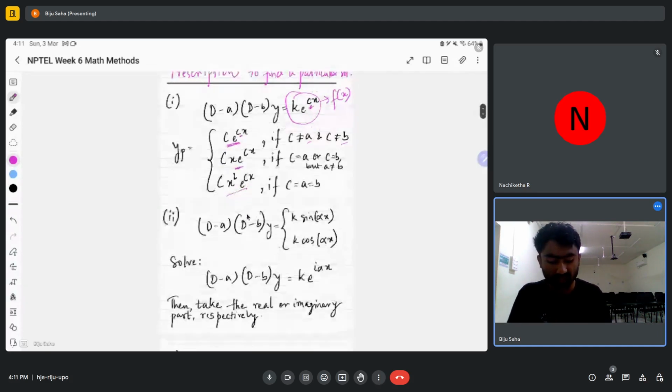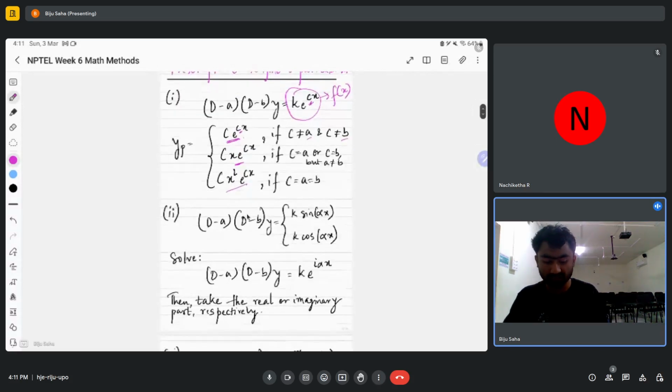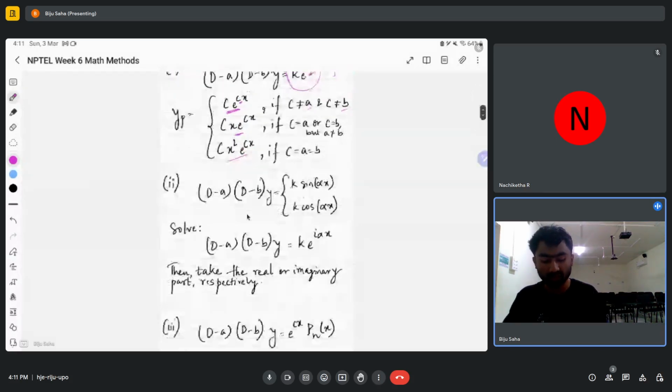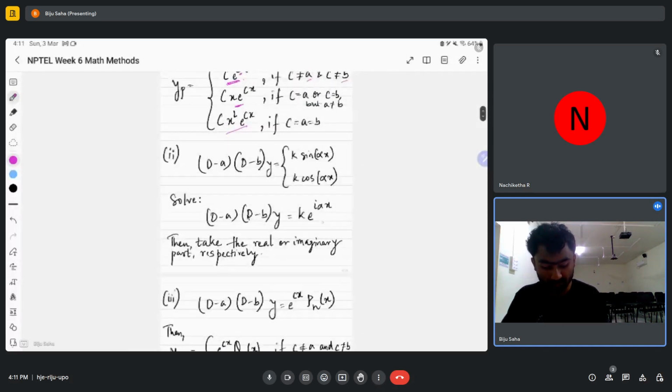And the next category is the case where your f(x) is a sine function or a cosine function. So if it is sine alpha x or cos alpha x, then you need to solve this particular equation instead.